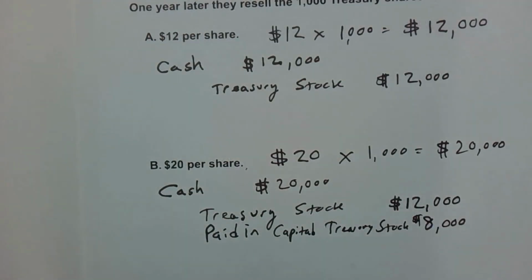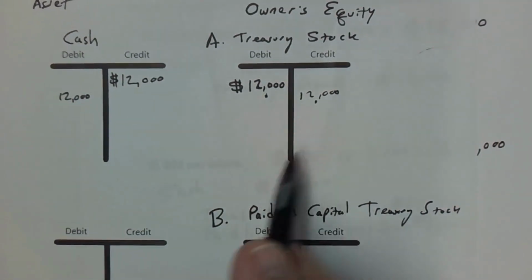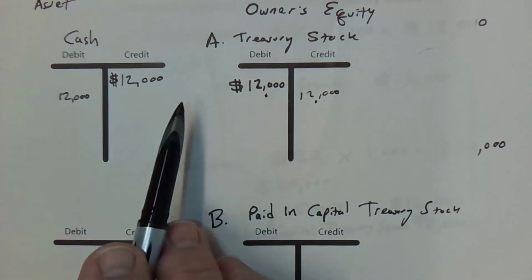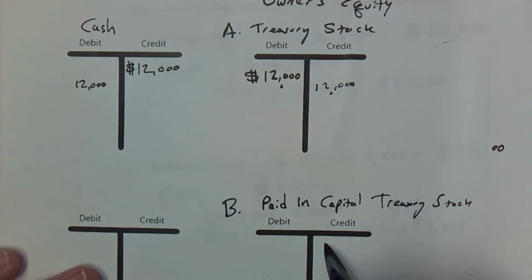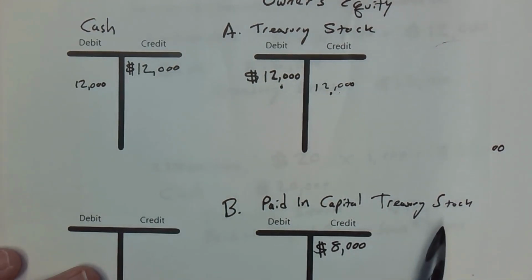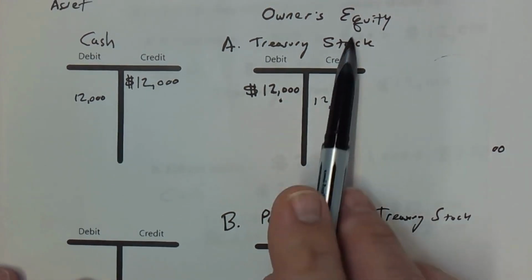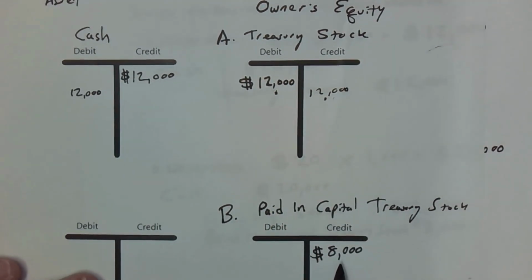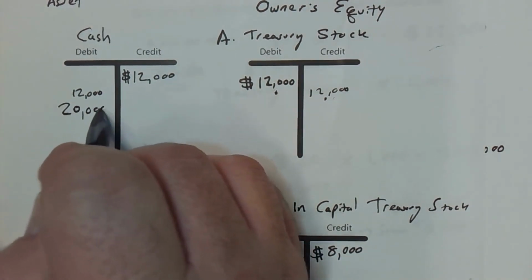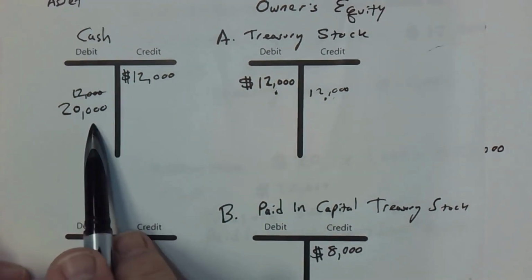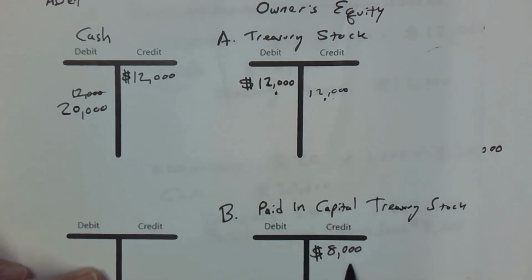So for B, we still have the same $12,000 credit to Treasury Stock, but we have an additional credit of $8,000 to Paid in Capital Treasury Stock. And this is an owner's equity account. So that would balance the transaction then, because we still have the $12,000 going. Well, in that case, we actually have $20,000 going to the cash account. So $20,000 here, $12,000 here, $8,000 there.